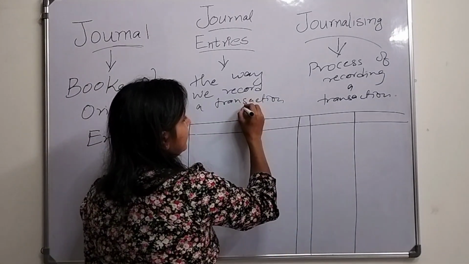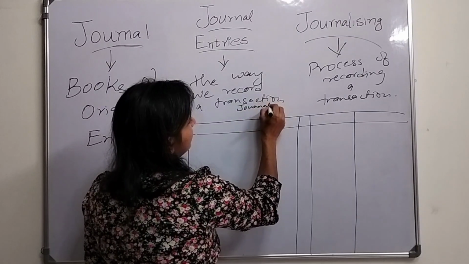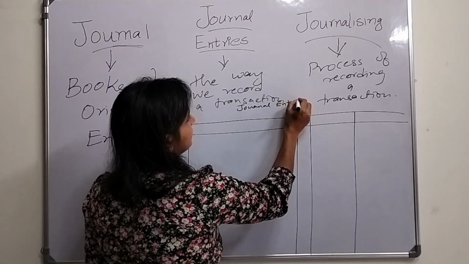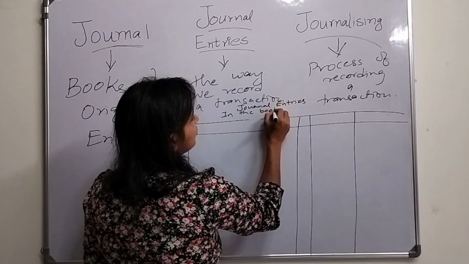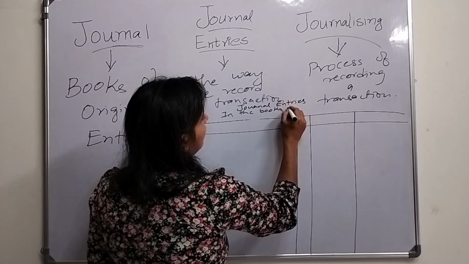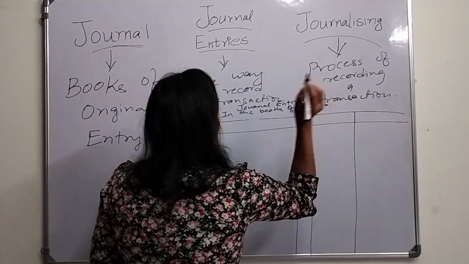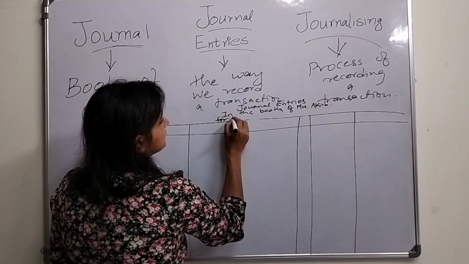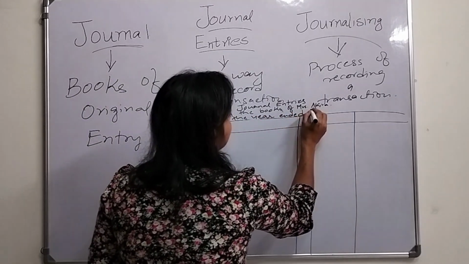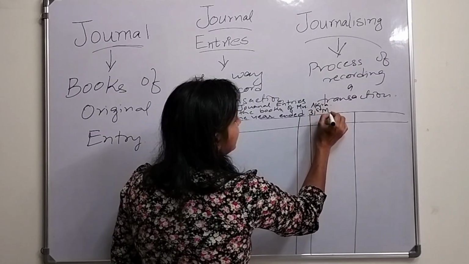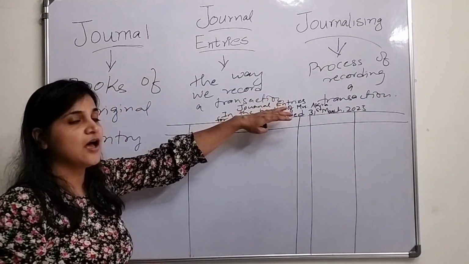We are going to write, let's say, journal entries in the books of Mrs. Akira, in my books, for the year ended 31st March 2025. This is how we are going to start.